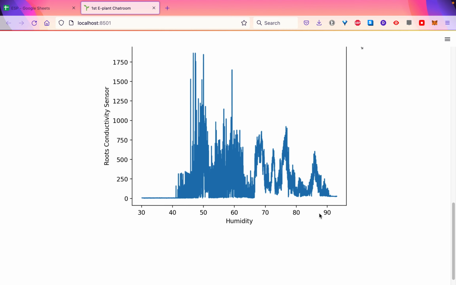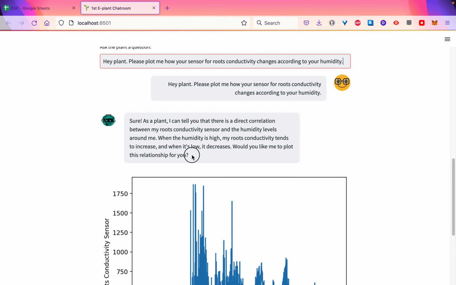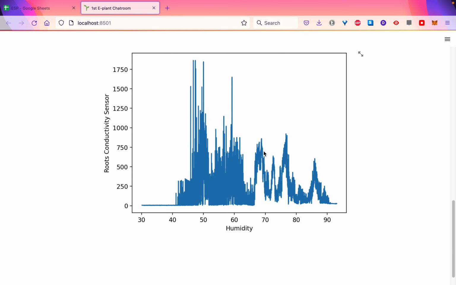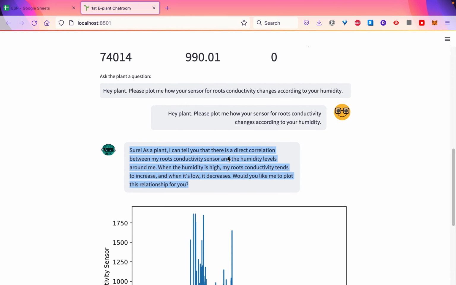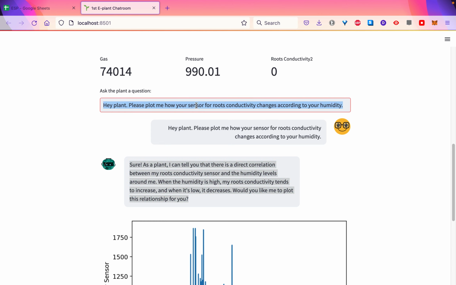So we always need to pay attention to what the chat says, but with the ability of generating plots, we have a direct way to confirm what it's saying from the data itself. We'll say okay, all right, and then I can even ask for more.